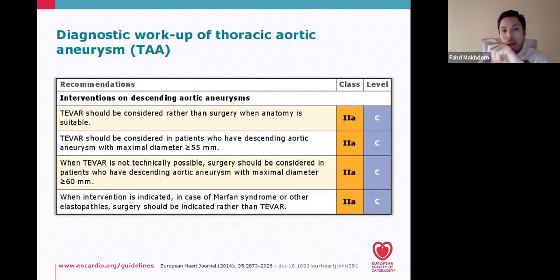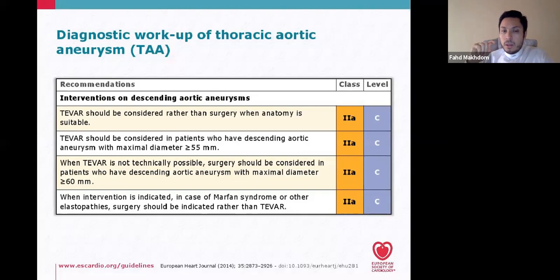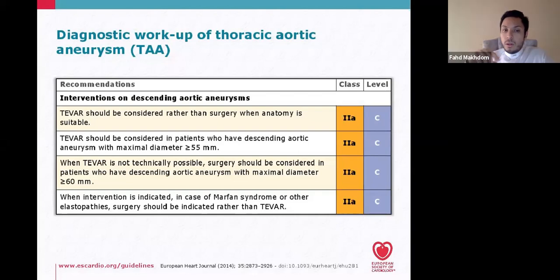And also the angulation. Sometimes in aneurysmal disease, the landing zone or the normal aorta will be at an angle because of the aneurysm. Also tortuosity, and the axis. We'll come to that.